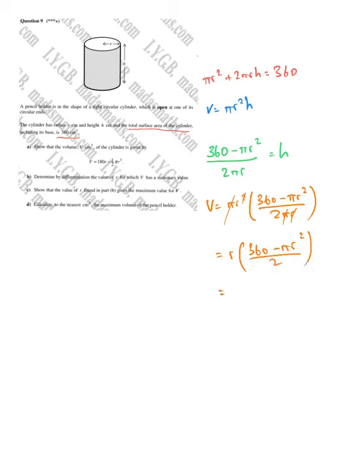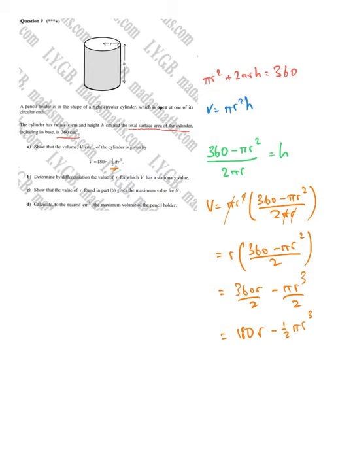It's good that I've got the over 2, because if I look up here, I've got a half. So I get 360 r over 2 minus pi r cubed over 2, which is 180 r minus a half pi r cubed as required.